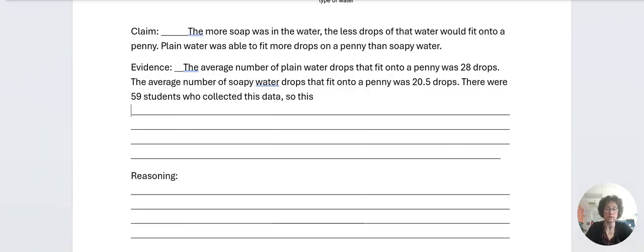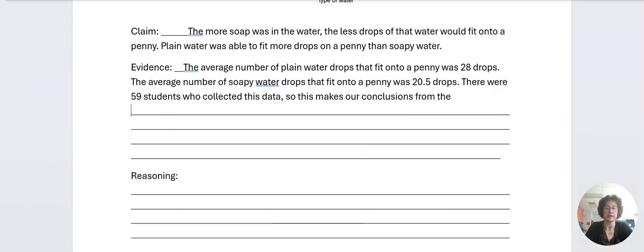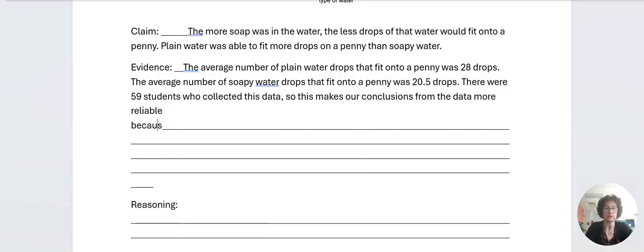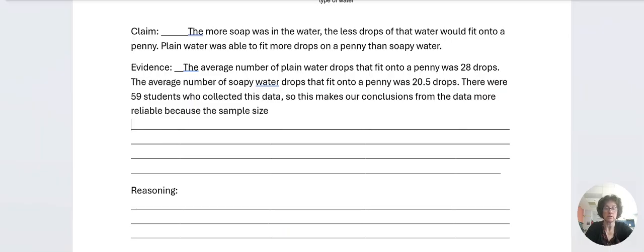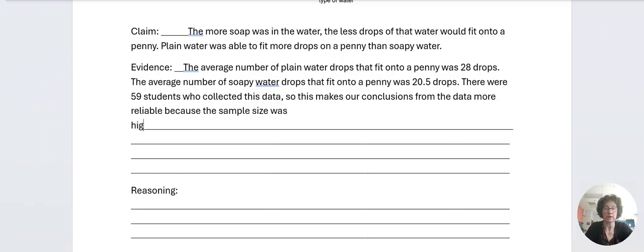This makes our conclusions from the data more reliable because the sample size was high.